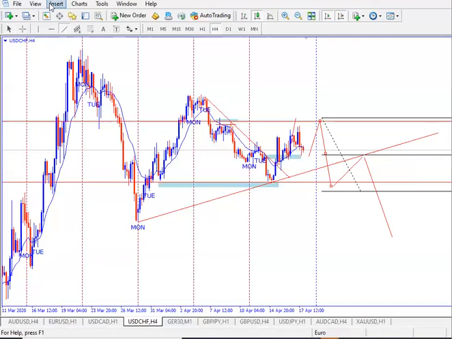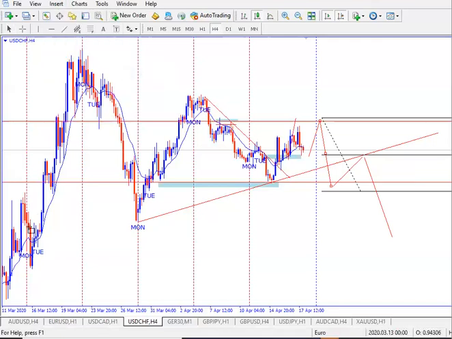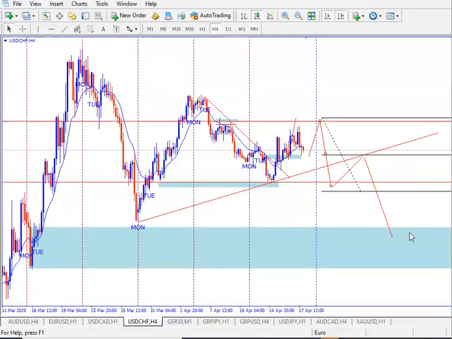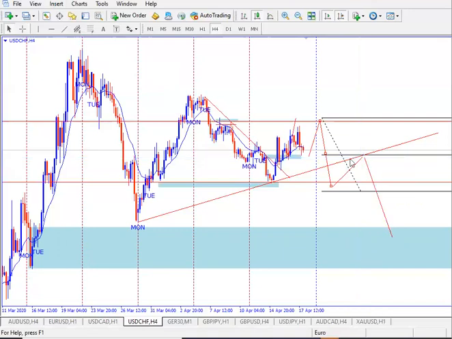Let me use a box. Into this big bearish order block as a first initial target. So you're looking at a good 100 to 200 pips in potential gain.